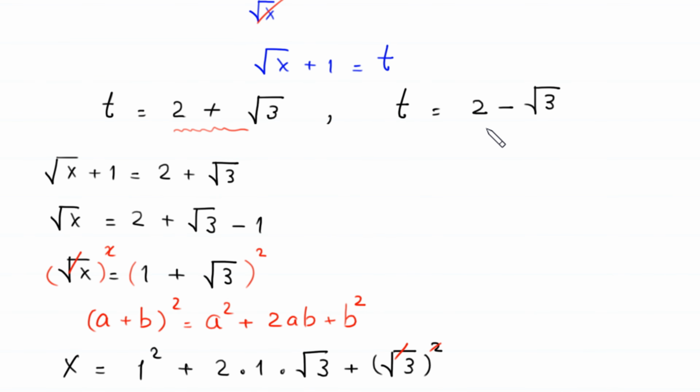In the second case we have t is equal to 2 minus root 3. So this will become root x plus 1 is equal to 2 minus root 3. Move this 1 to the right hand side.